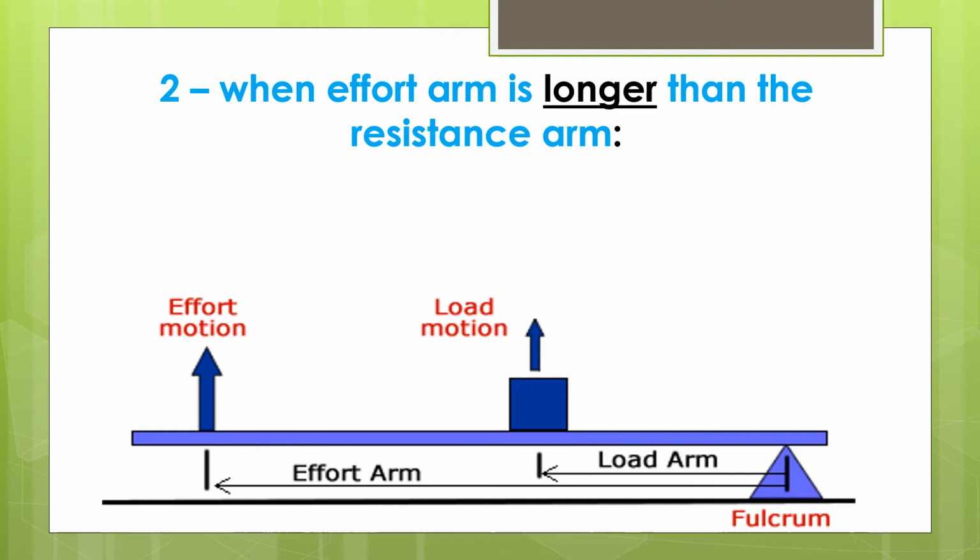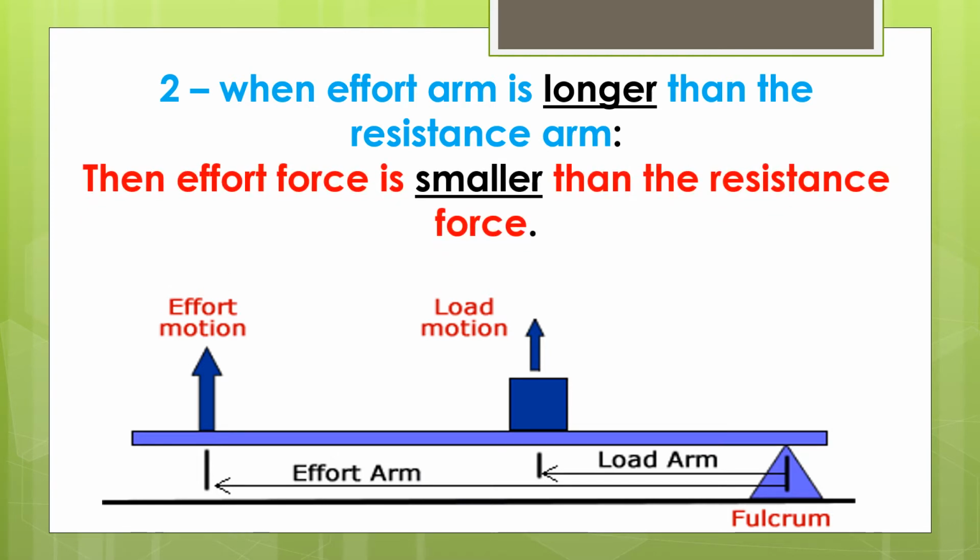I told you there is an inverse relation between force and its arm. So here, the effort arm is longer, so we can conclude that the effort force is smaller, right? So when the effort arm is longer than the resistance arm, the effort force is smaller than the resistance force.